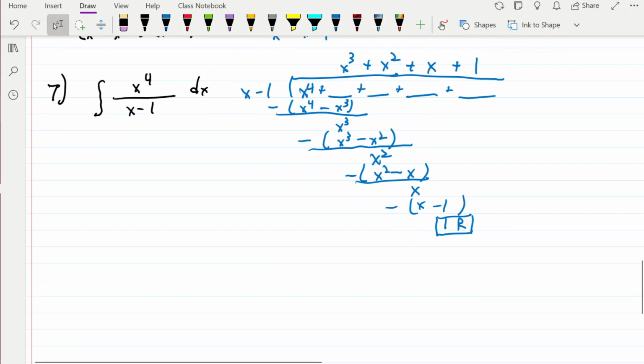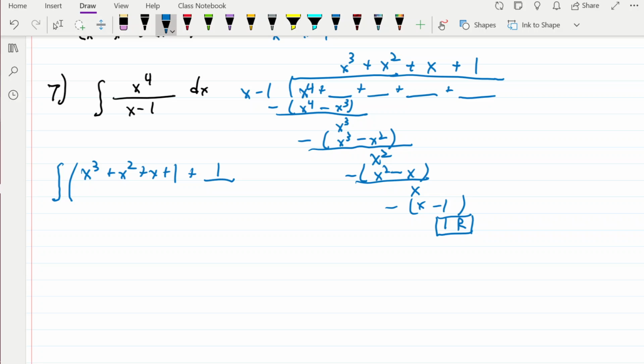So our new fraction is going to be the integral of x to the 3rd power plus x to the 2nd power plus x plus 1 plus 1 over x minus 1 dx. So 1 over x minus 1 will be our partial fraction. And actually, let me use another color for this.